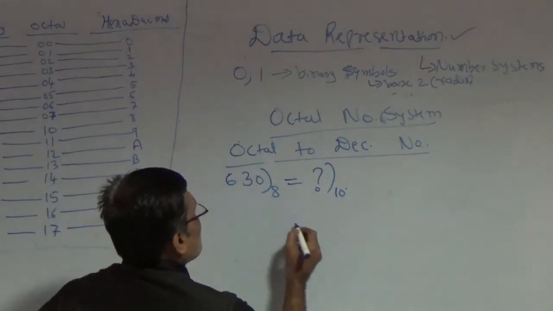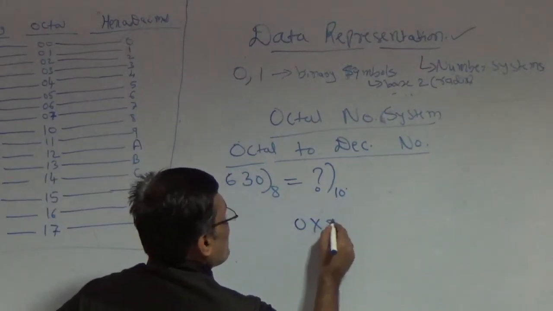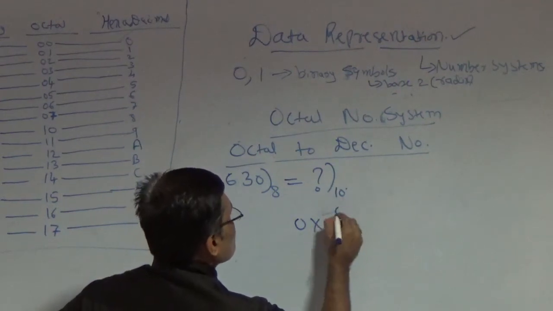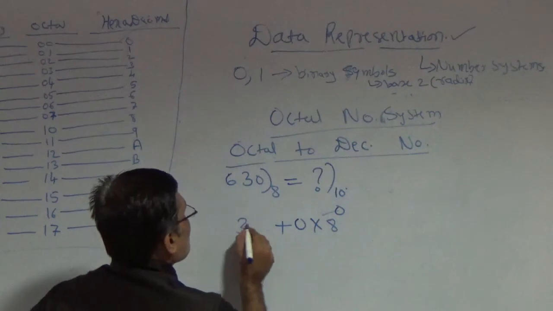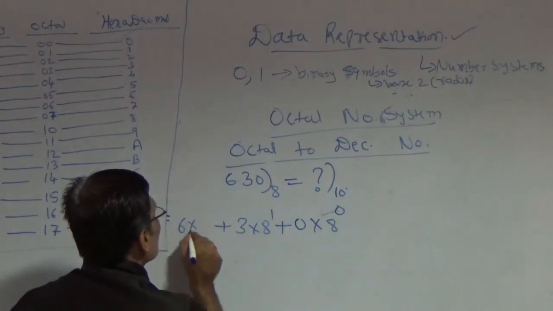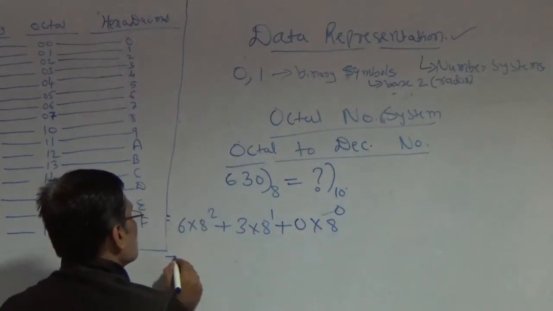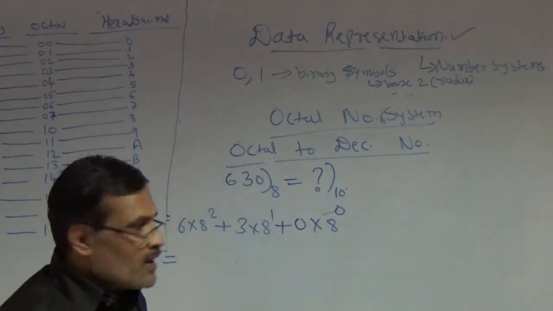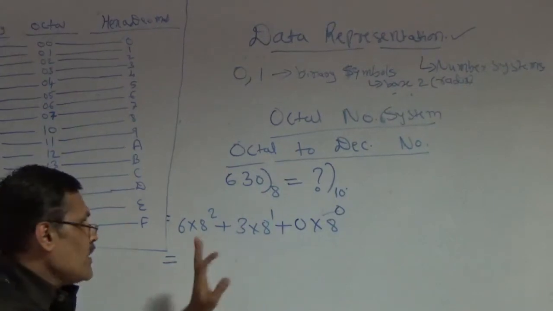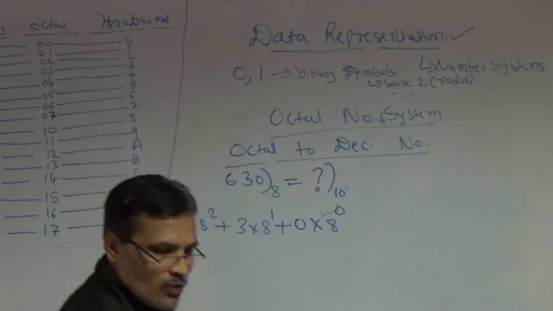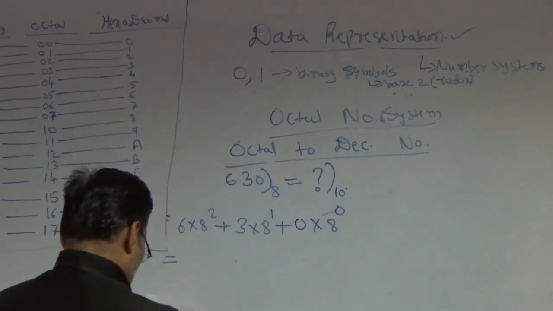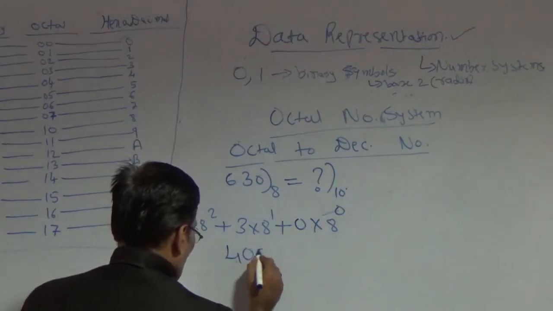So here 0 into 8 raised to 0, 3 into 8 raised to 1 and 6 into 8 raised to 2. So you have expressed the given octal number as powers of 8 and then simplify it. Okay. So if you simplify this arithmetic, you will get the answer as 408.